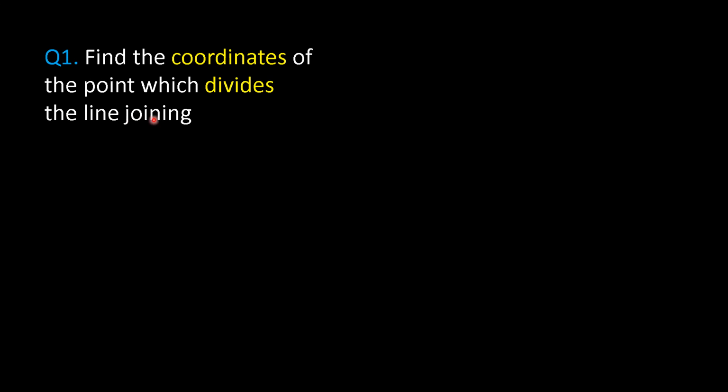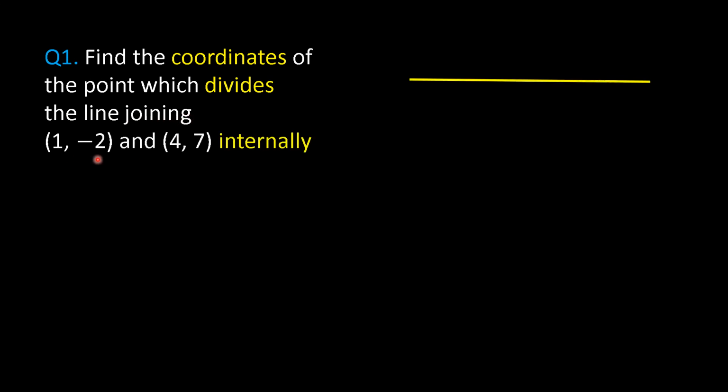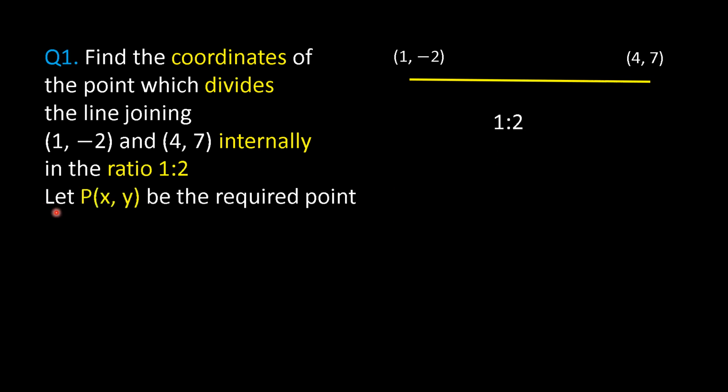In the first question, we will find the coordinates of the point which divides the line joining (1, -2) and (4, 7) internally in the ratio 1 as to 2. Let P(x, y) be the required point.